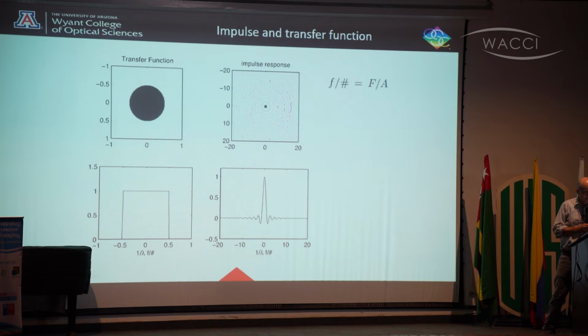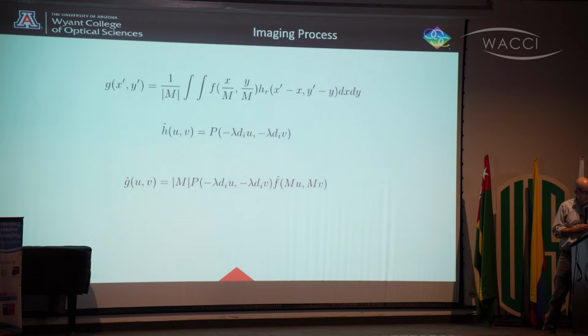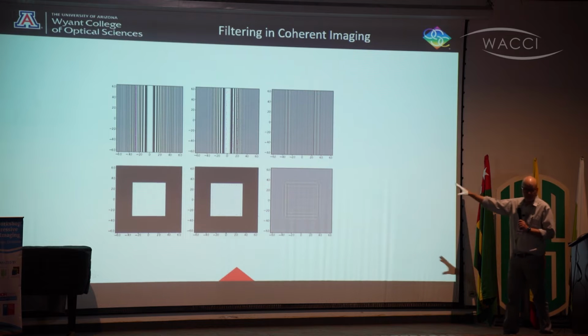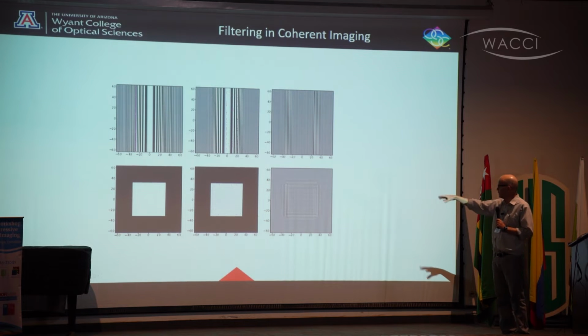So if you form an image by this method, this is the kind of thing that you would expect. This thing on the left is the ground truth for two different images. The thing in the center is what happens after you image through an imaging system with this impulse response. Basically, you see the high frequencies are blurred out.